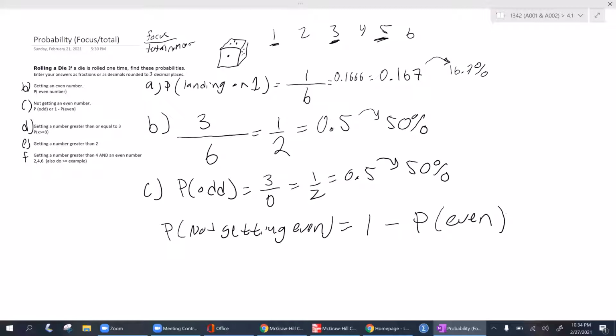So this here would be 1 minus, well, we know the probability of getting an even was from part B, the answer was 0.5. And 1 minus 0.5 is 0.5, or 50%.